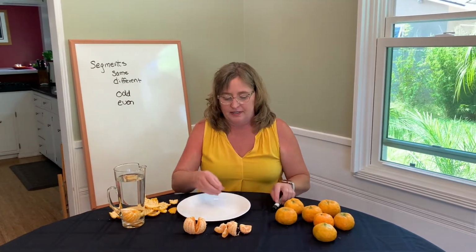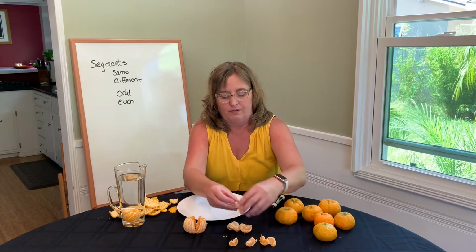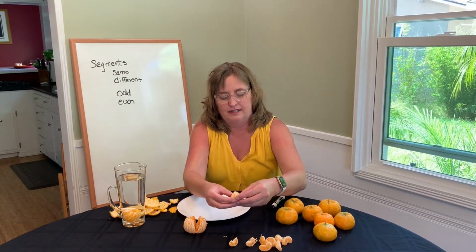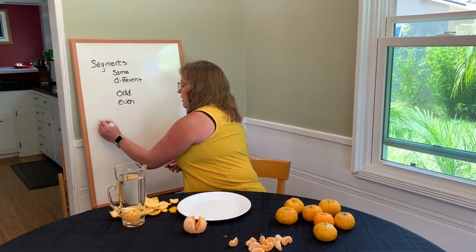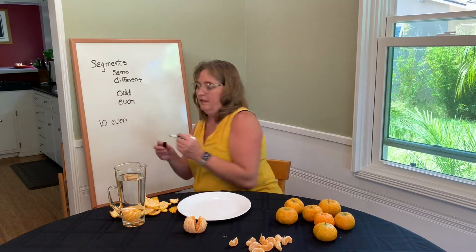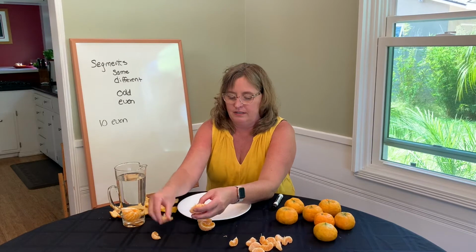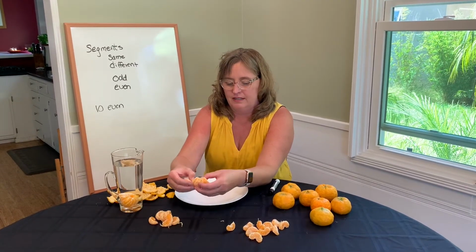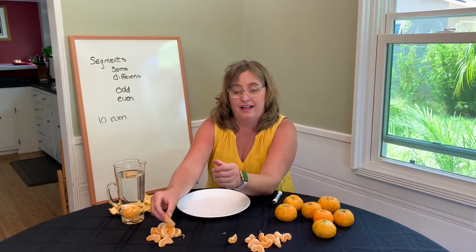Let's see. So our first one we have 1, 2, 3, 4, 5, 6, 7, 8, 9, 10. So we have 10 in the first one, and so it's even. Let's see how many we have in the second one. 1, 2, 3, 4, 5, 6, 7, 8, 9, 10, 11.